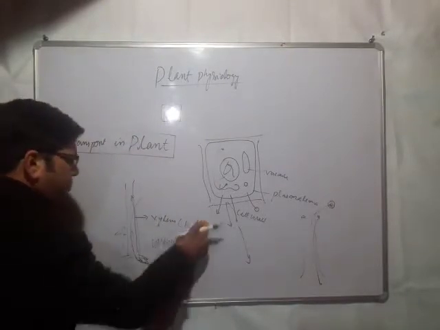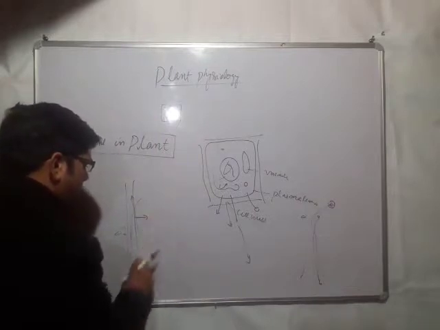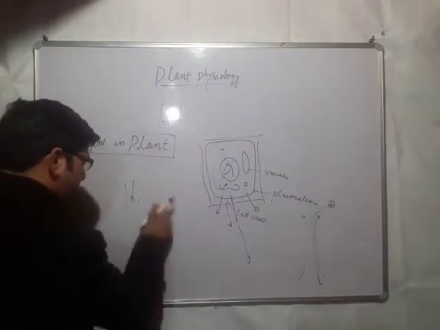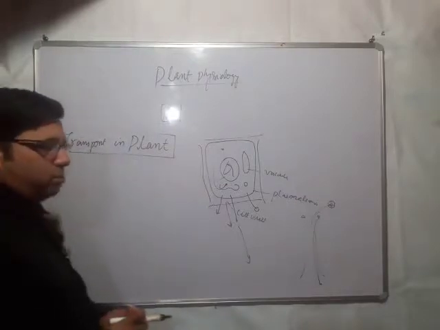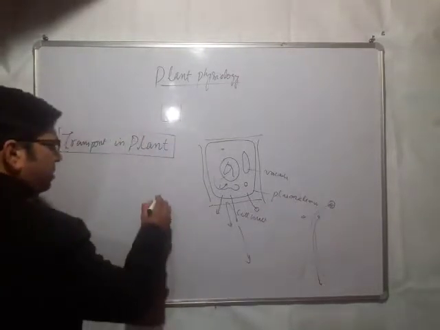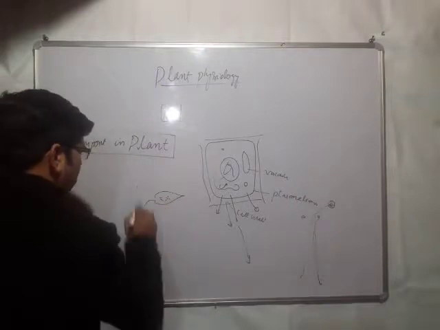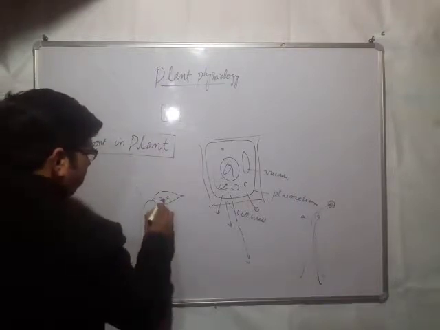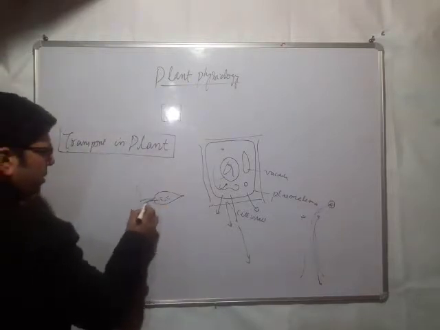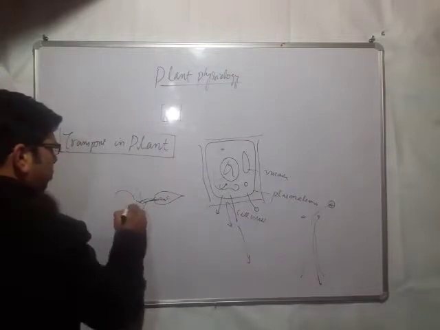But in case of phloem, in case of solutes, there is a bidirectional transport. Bidirectional transport means the transport occurs twice. That means if this is a leaf, it has synthesized some kind of solute. Now this is the plant. The first transport of solute is from this leaf to different storage organs.